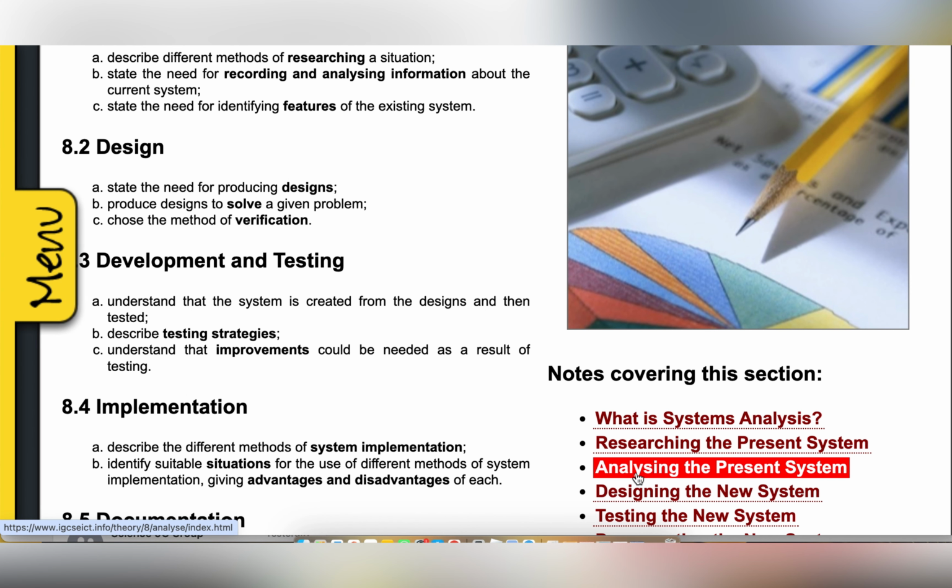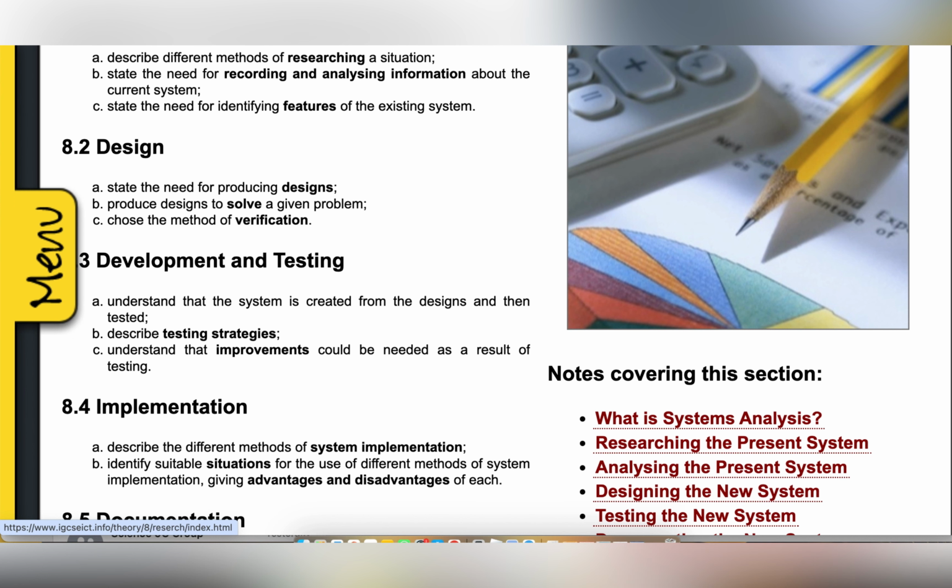And in the design part, if there is need, we're going to state the need for producing the design. Why are we designing a new system? And then we're also going to state and produce the design to solve the given problem, because probably the old system is already giving us problems. If the old system is not giving us problems, there's no need for a new system.